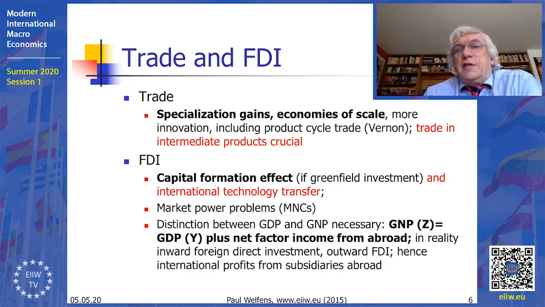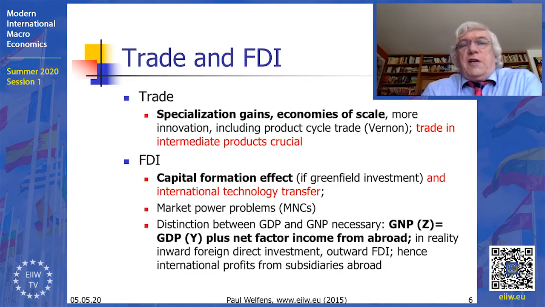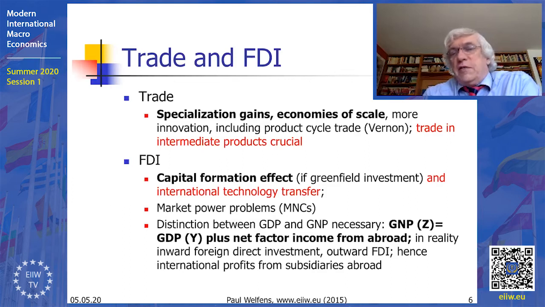And then in the second stage, we have a standardization stage where the product, but also the process of production, becomes more standardized. And when it is more standardized, that means that the relocation of production can start more easily. So you can then maybe relocate from the US to Western European countries or Eastern European countries.